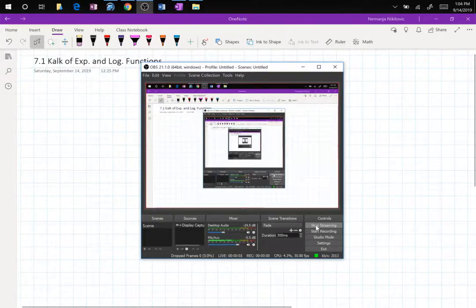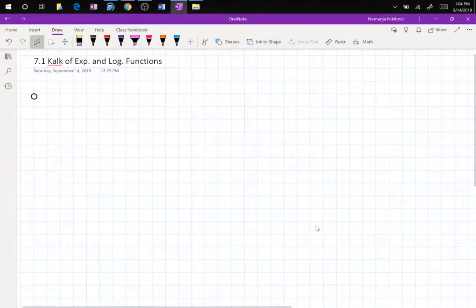Okay. Hello and welcome back to Calculus 2. This is section 7.1. We are starting chapter 7 for exponential logarithmic functions. In the previous edition of this textbook, in case you have the blue one, this is still in chapter 6, so this would be section 6.8 in the blue edition.